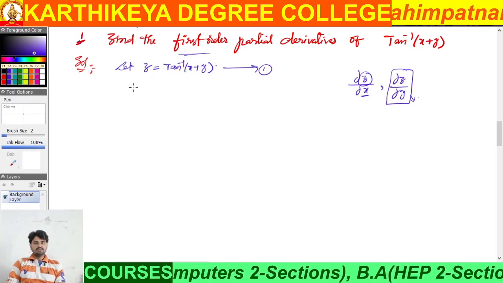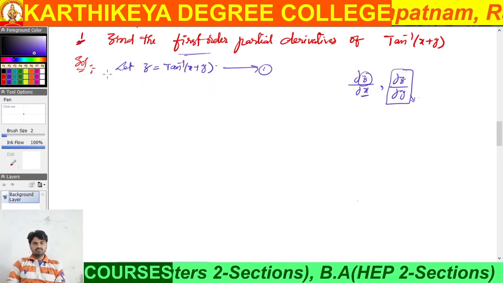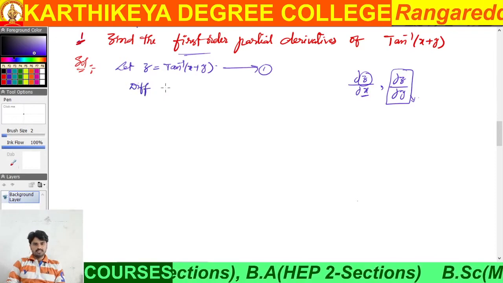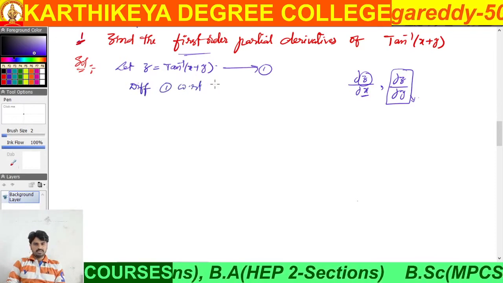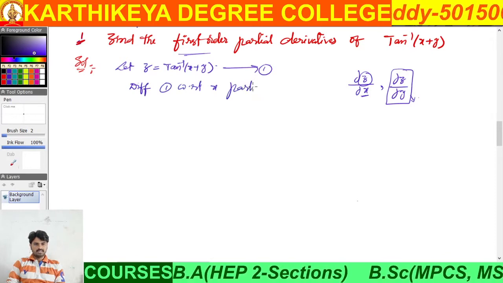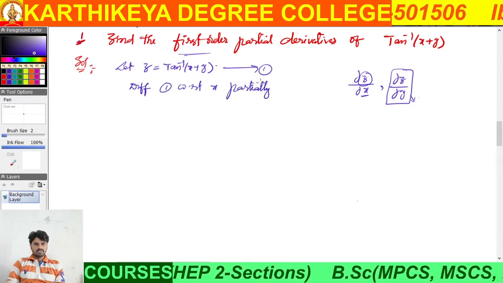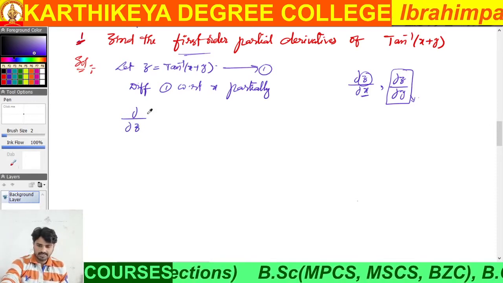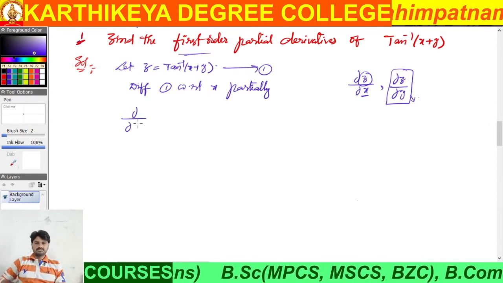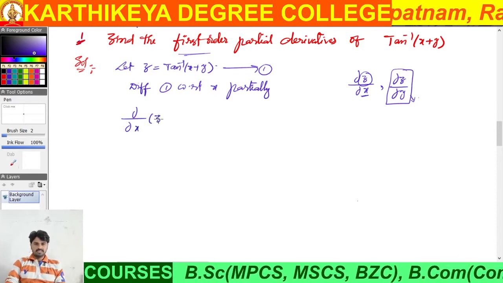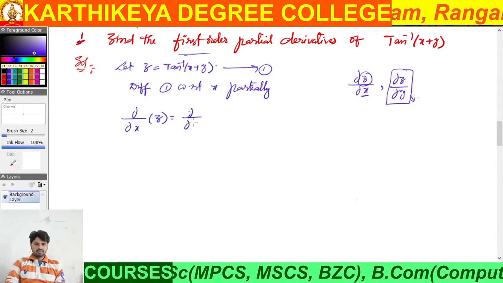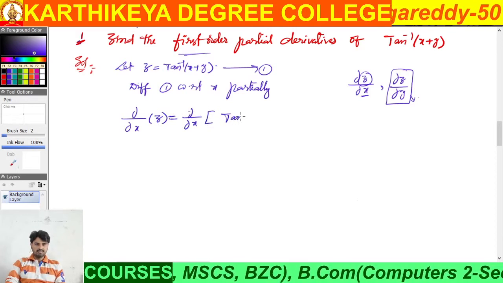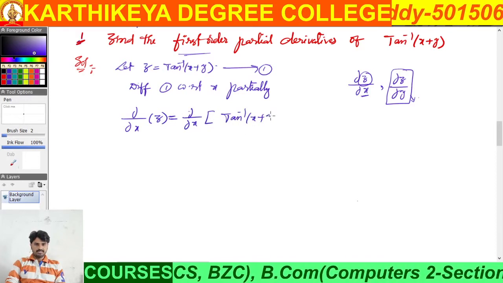So first we find the derivative with respect to x, differentiating partially. Now dou by dou x of z is equal to dou by dou x of tan inverse of x plus y.